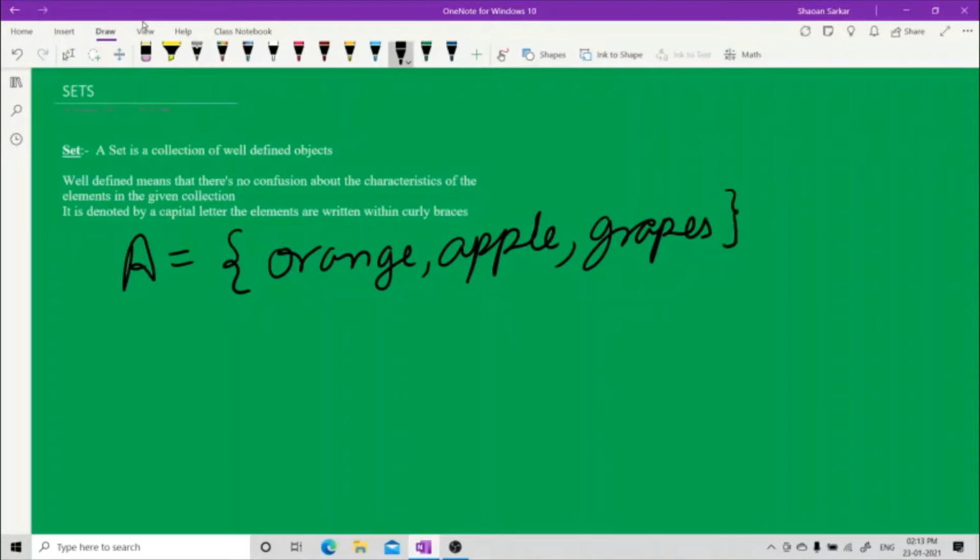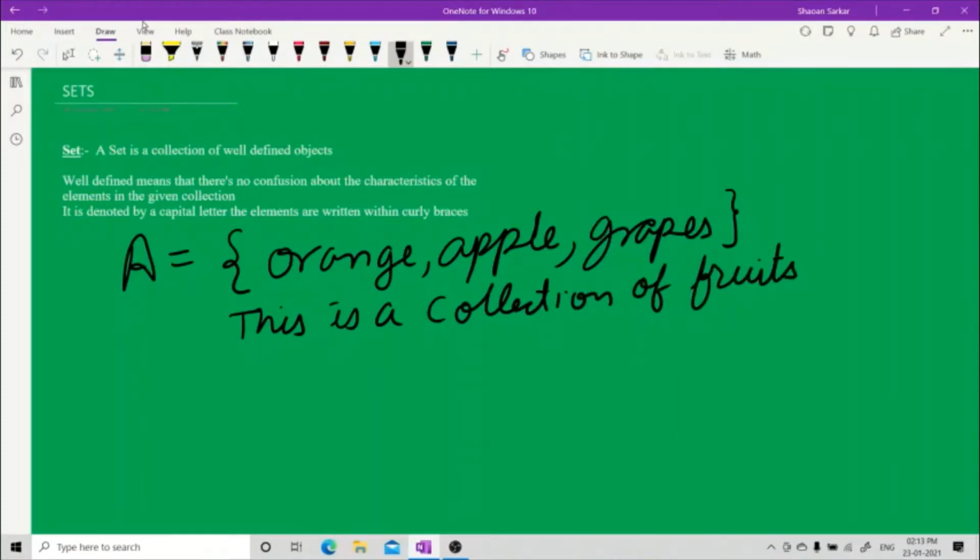So everyone, the characteristic is that this is a collection of fruits. There is no doubt, and no one will try to oppose this characteristic that they are all fruit. The characteristic remains the same. They are all a collection of fruit.